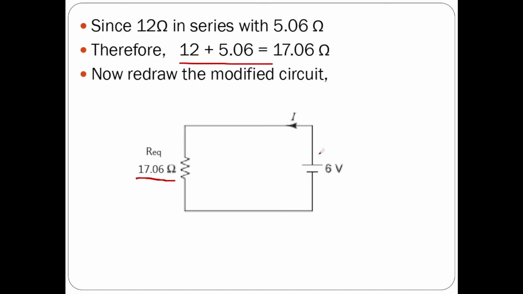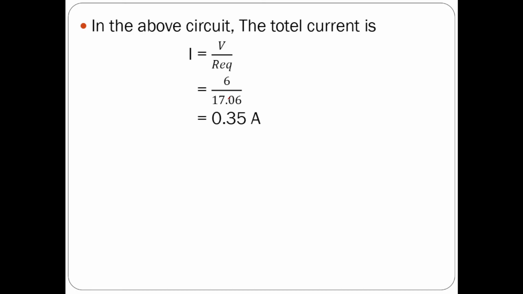So what is the I value? I is equal to total voltage, 6, divided by 17.06. Divide it and you will get I equal to 0.35 amperes.